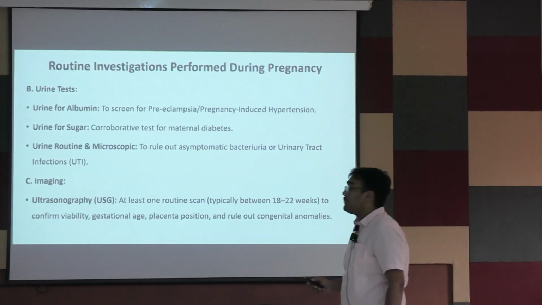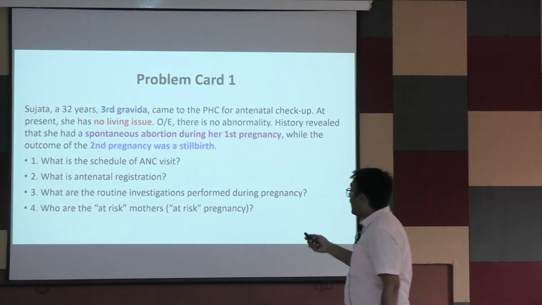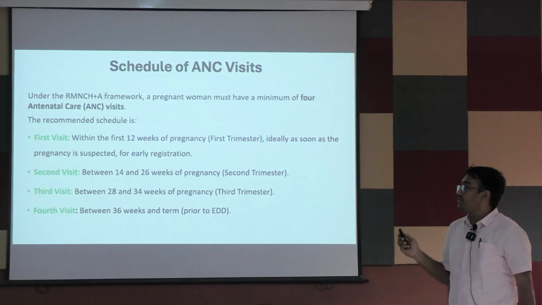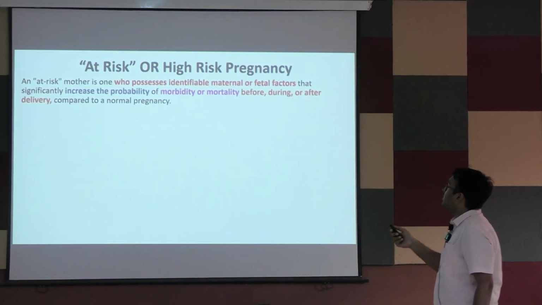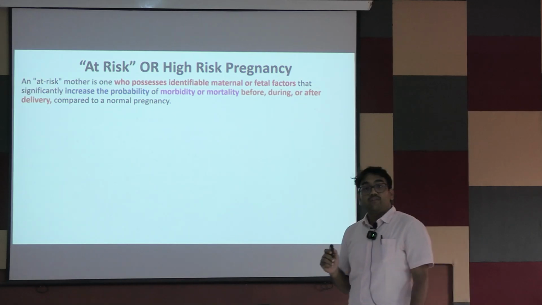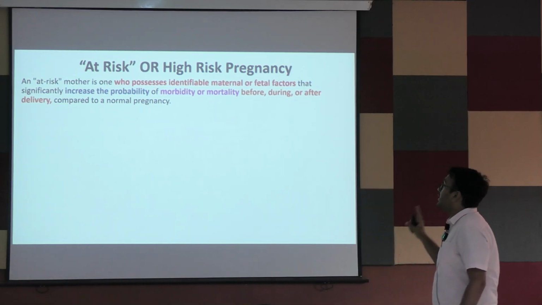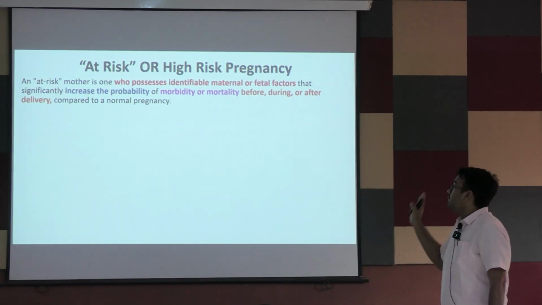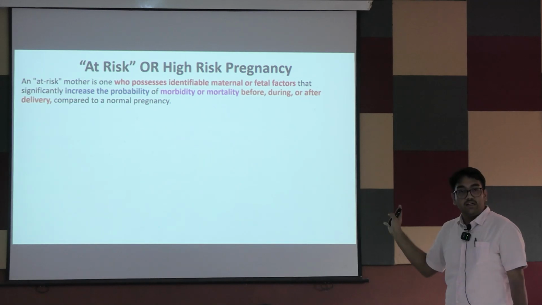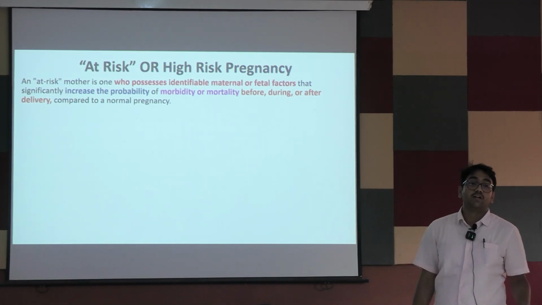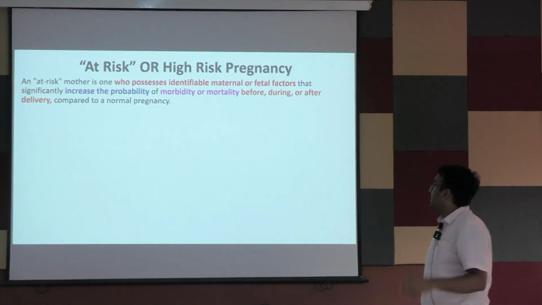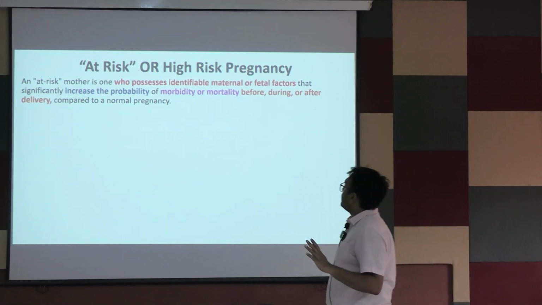Next, what is a high risk pregnancy? What constitutes a high risk pregnancy? An at risk mother is a mother who possesses identifiable maternal or fetal factors which significantly increase the probability of morbidity or mortality before, during or after delivery, compared to a normal pregnancy.